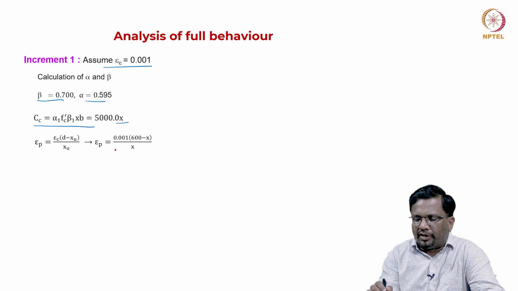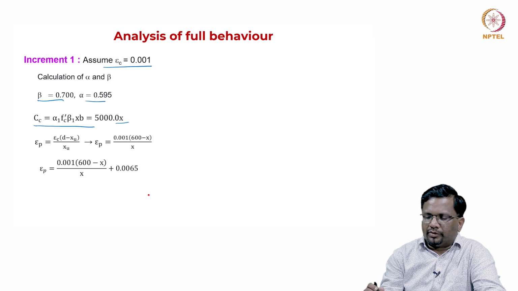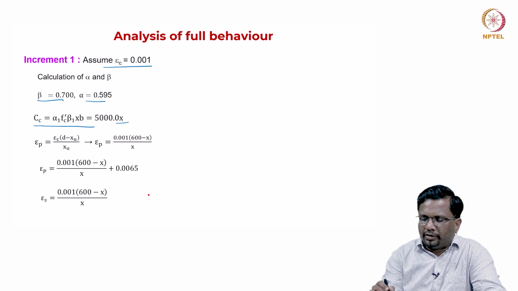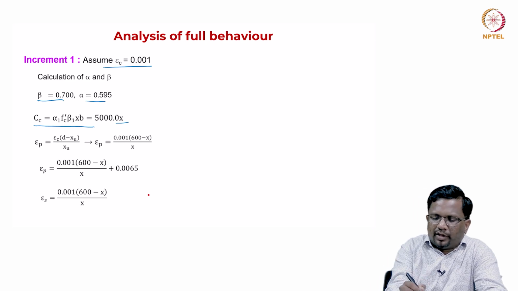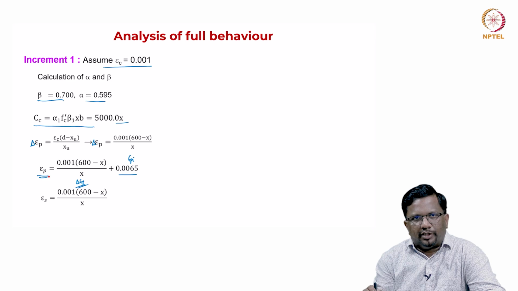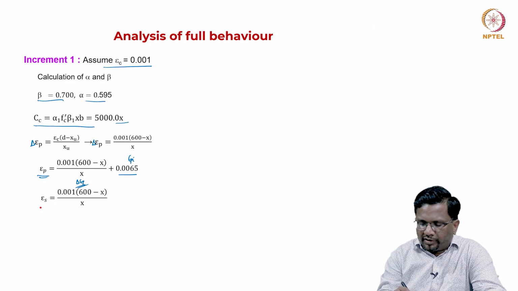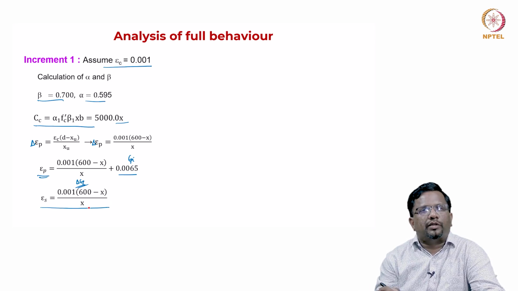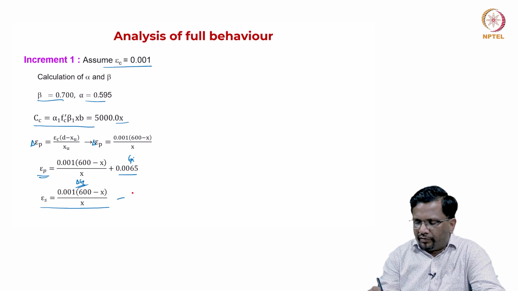Again from strain gradient I can get a very small value, this is delta epsilon p, and this is your epsilon pi, and this is your delta epsilon p, right. So when you add them up, you get your entire pre-stressing strain epsilon p. And similarly, strain in the tension steel can be calculated using the strain distribution that we have assumed, right. Again all of this is from simple similar triangles.